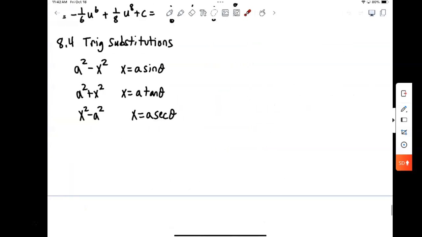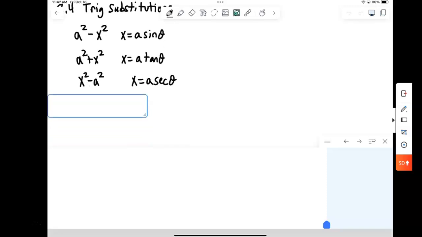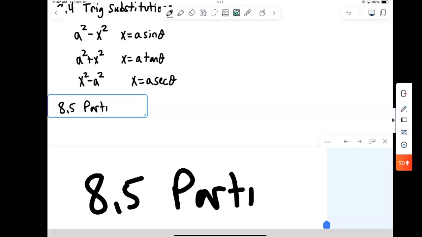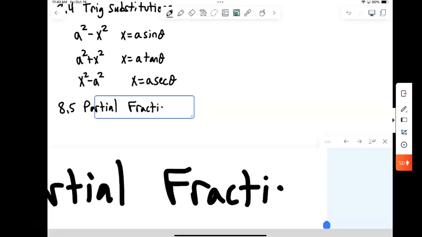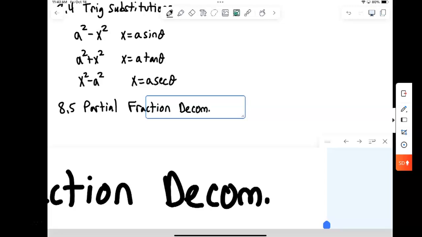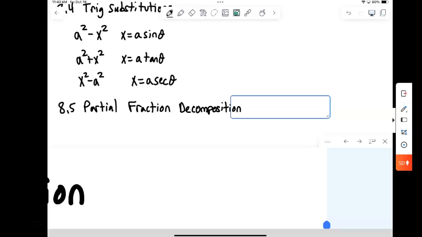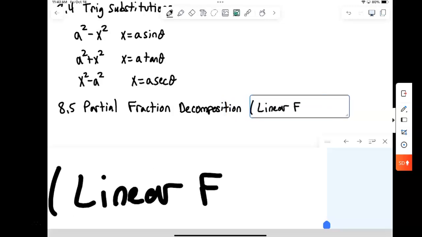Okay, and then that brings us to 8.5, what we've just been talking about with the partial fraction decomposition. And what I'm going to do with that on your test, because these problems can be so extremely long, is you're going to be dealing only with ones that involve linear factors only.